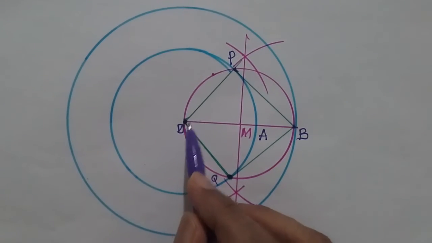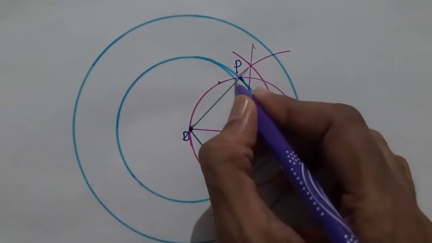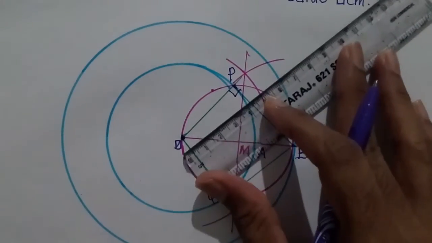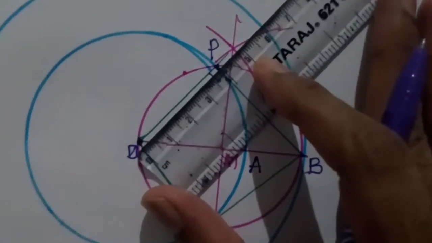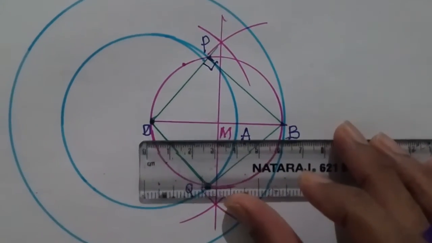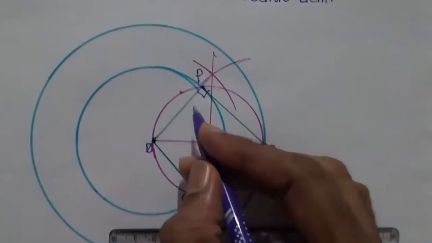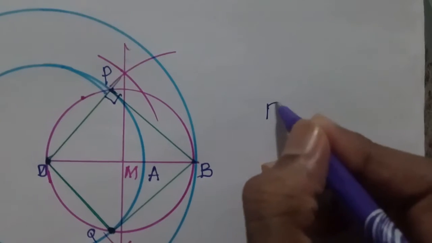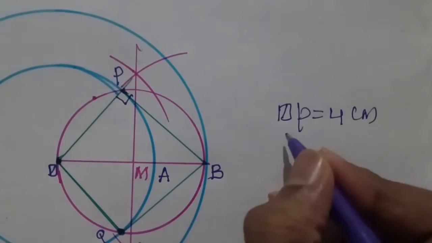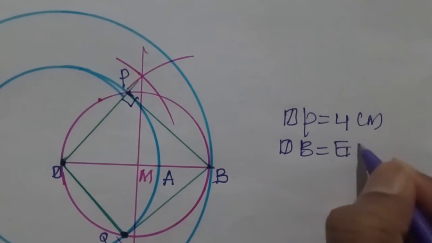Now I am taking triangle OPB, and I'll prove that in triangle OPB, angle P is a right angle. See here, OP is equal to 4 cm, where OB is equal to 6 cm.